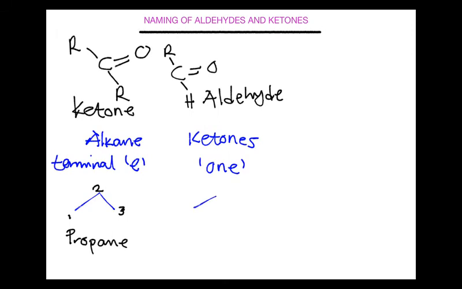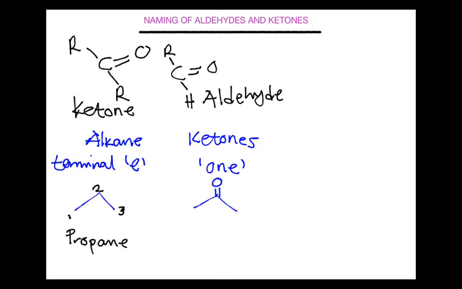We have this. Now what distinguishes it is that we're going to have a carbon doubly bonded to an oxygen, and we have an alkyl group over here and an alkyl group over here. So we are very sure this is a ketone.